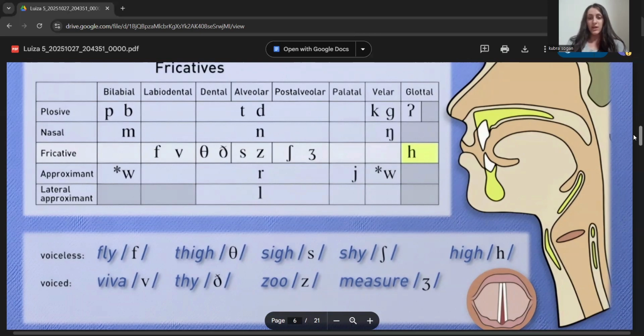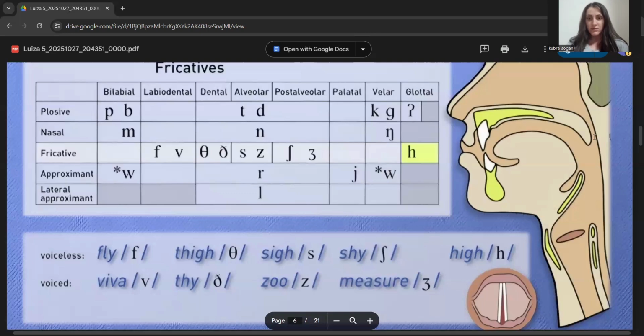They are pronounced in the area behind the alveolar ridge. Therefore, they are post-alveolar. Finally, h as in high, which doesn't have a voiced counterpart in English, is pronounced by narrowing the glottis.